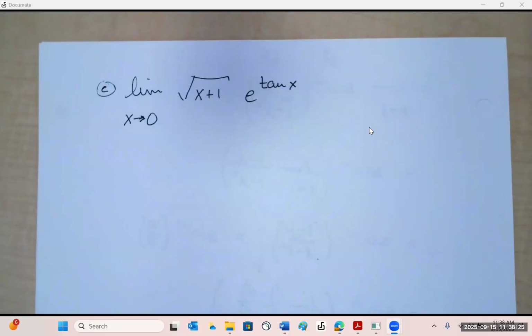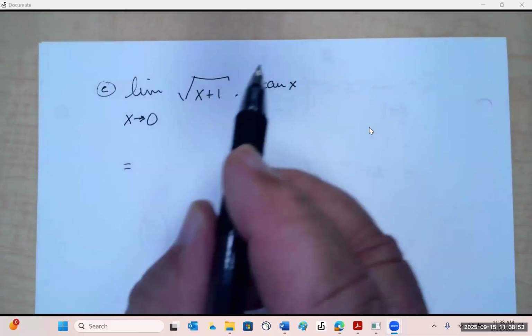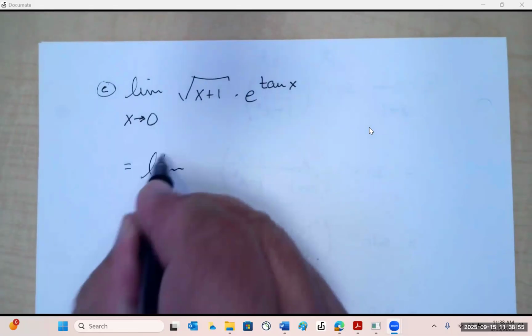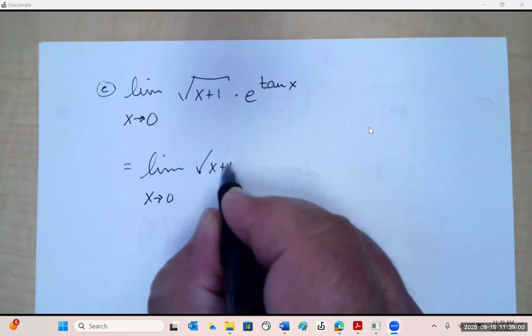Not really. It's not really composite as we know it so far. But we do have a function within a function. That's what we're looking at. Because what we could do here is, because they're multiplied, we can split them up.